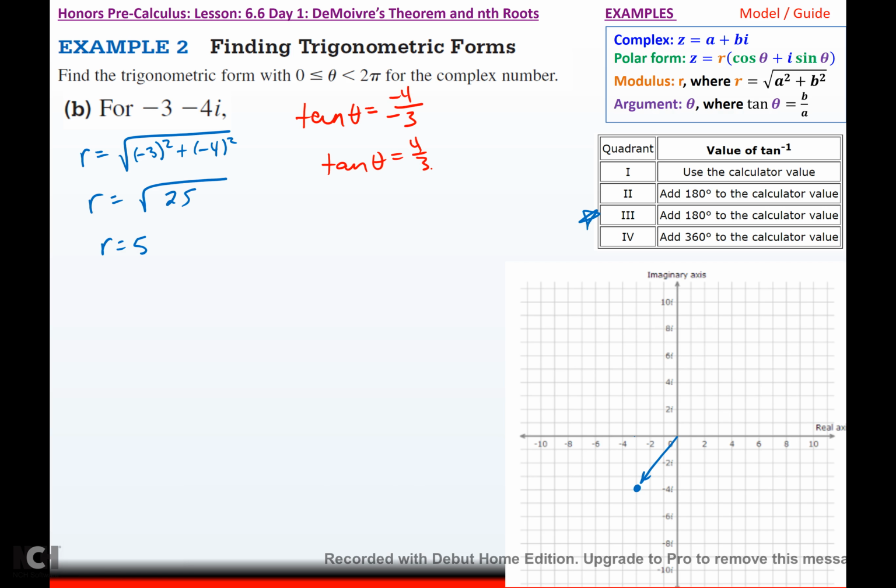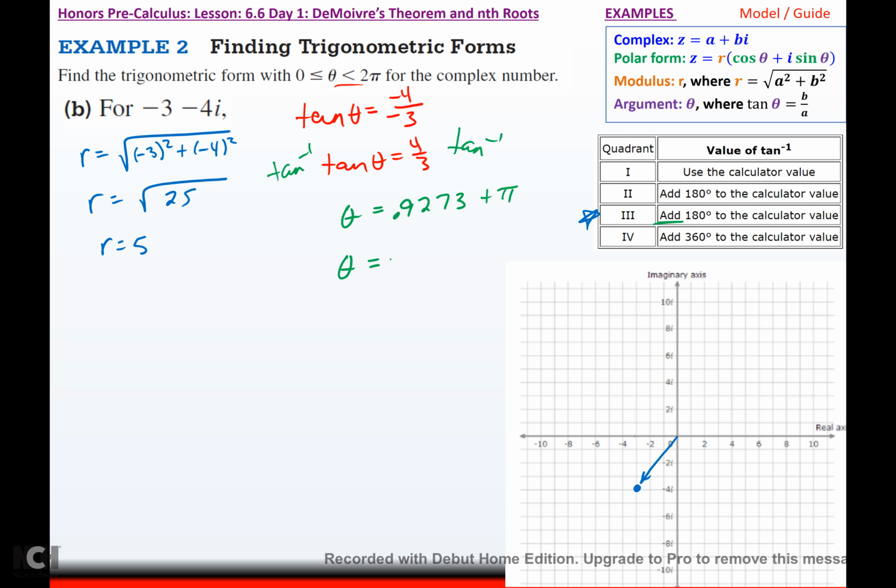Now, I know that there's nothing in the unit circle that does that. So now I'm just going to go decimal, and since they want radians, I'm going to put my mode back in radian mode. And I'm going to arctan. And I get theta equals 0.9273. But for my calculator answer, I need to add 180 to that, which in radians would be adding pi to that.